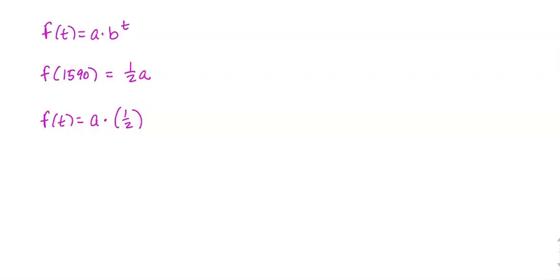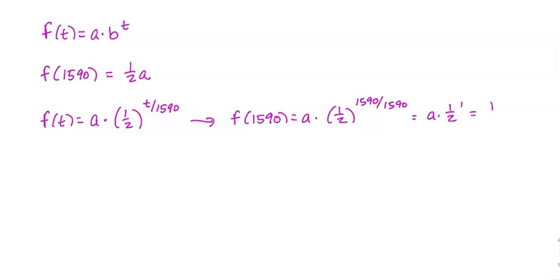So if we think about the exponent as t over 1,590, then when you plug in f of 1,590, you'd have a times 1/2 to the 1,590 over 1,590. Well, 1,590 over 1,590 is just 1, so you'd have a times 1/2 to the first power, or just 1/2 a.